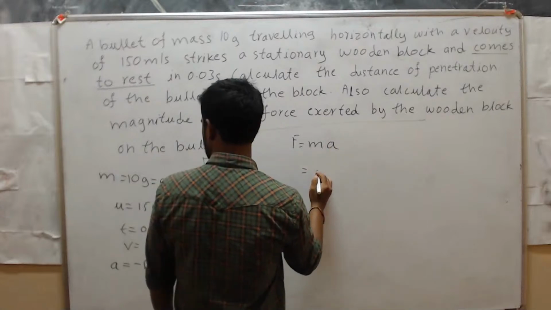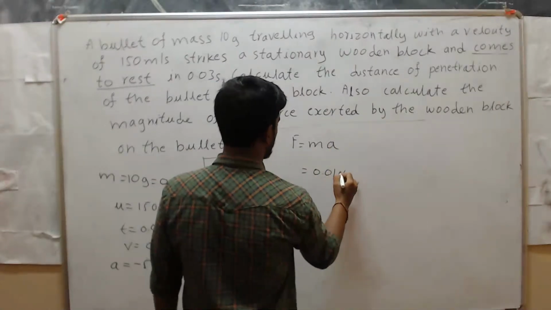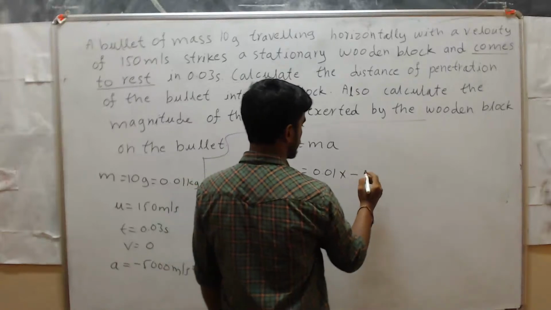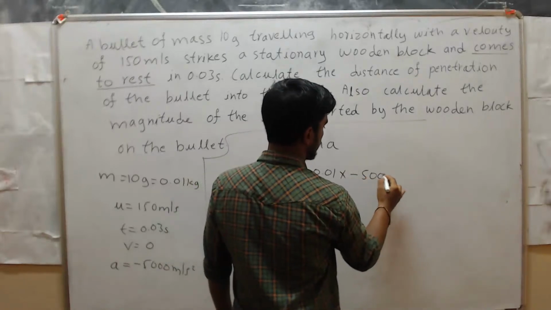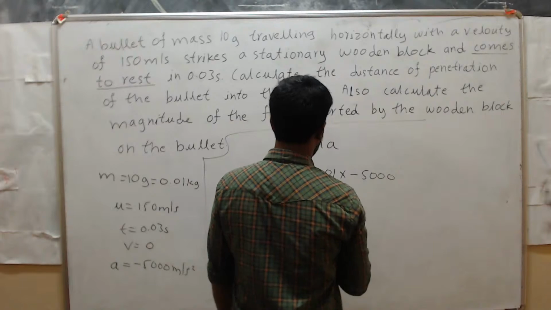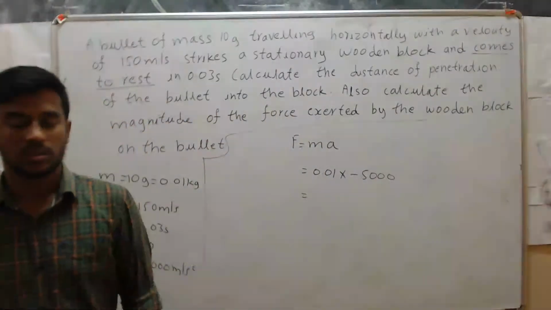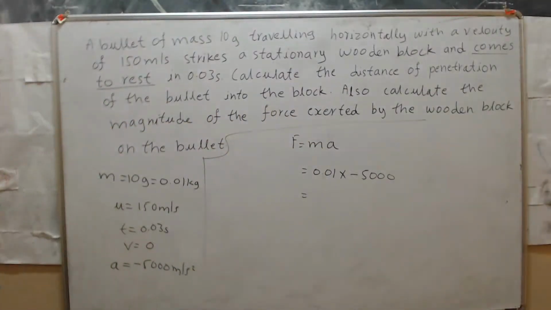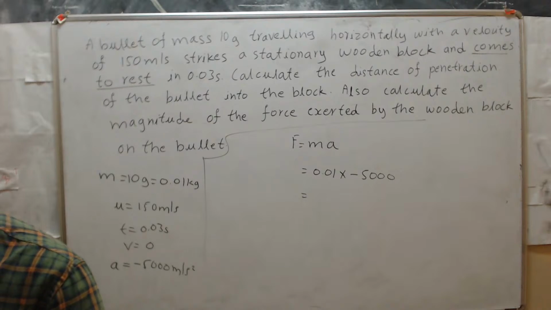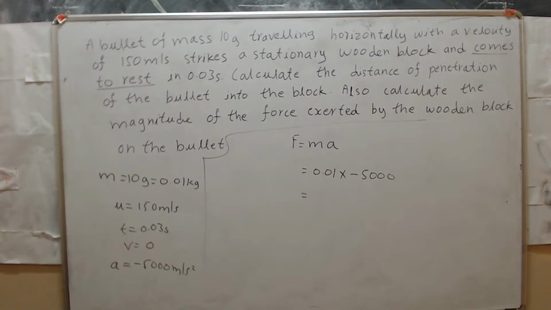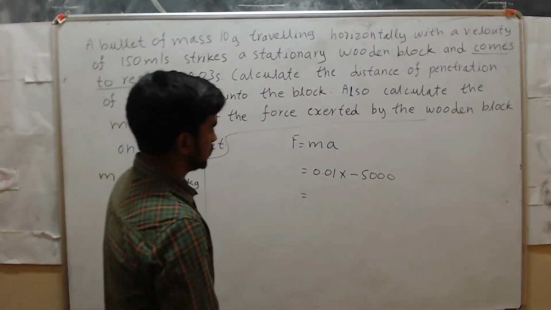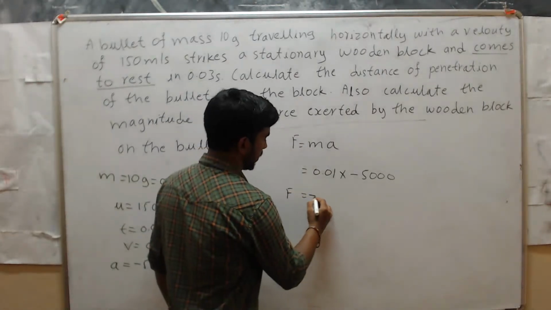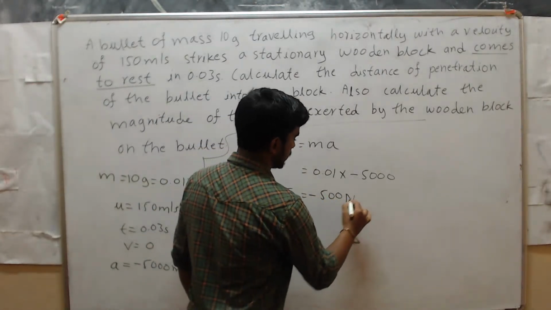Mass is 0.01 kg and acceleration is minus 5,000. So 0.01 into minus 5,000. What is the answer? That is 500 Newton, so F is equal to minus 500 Newton.